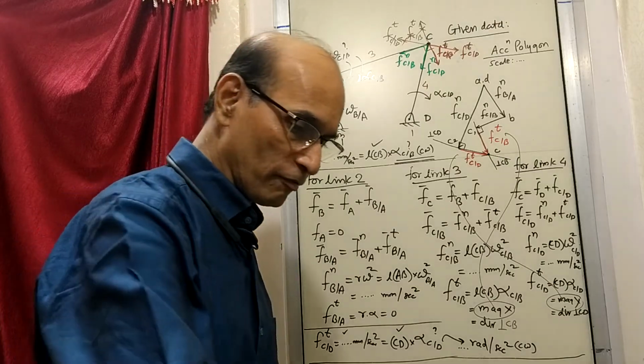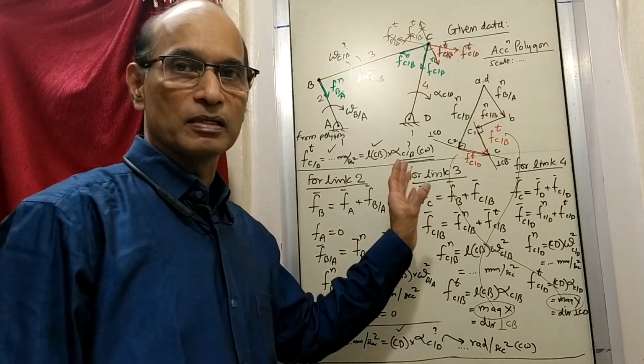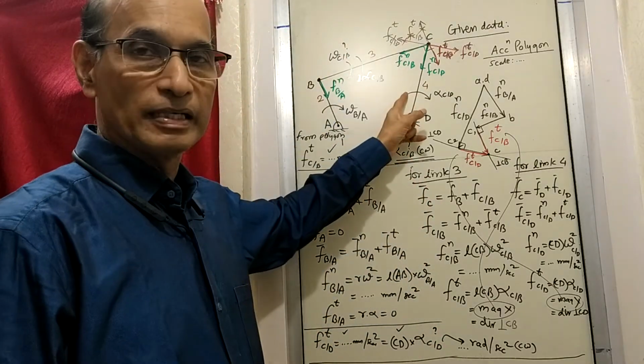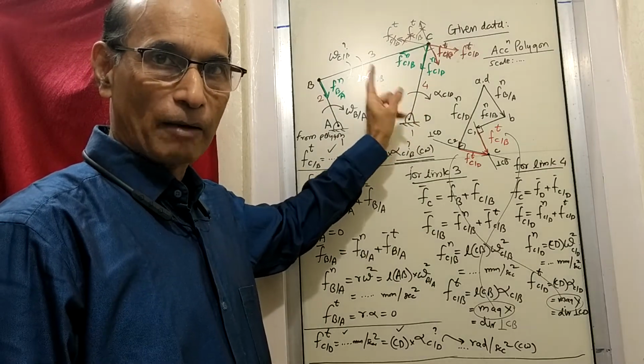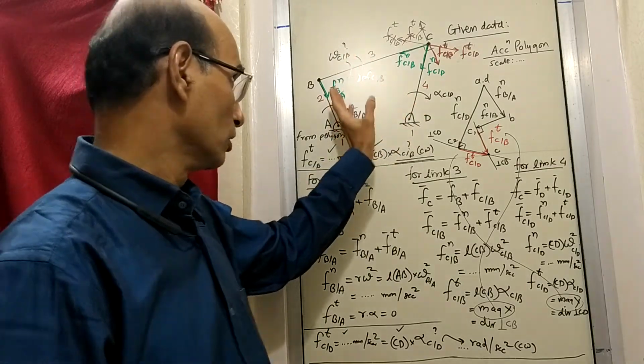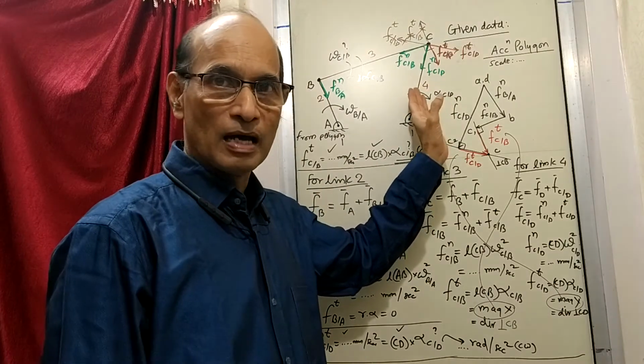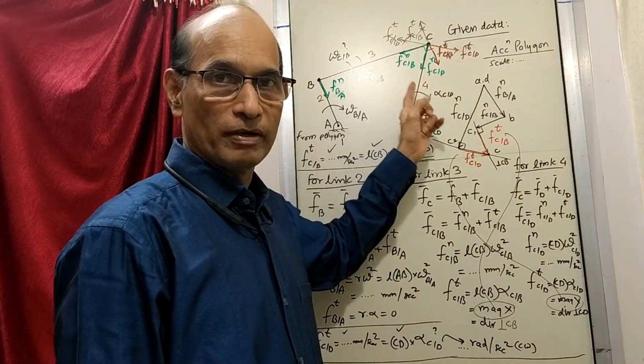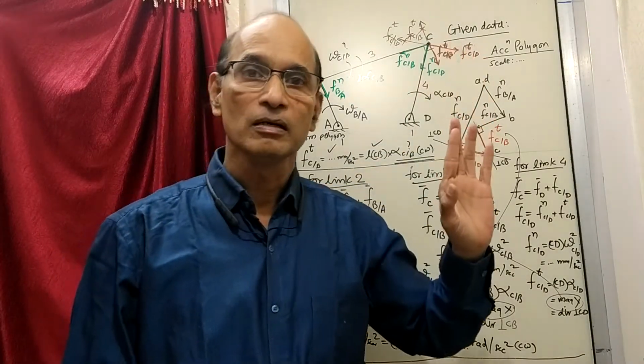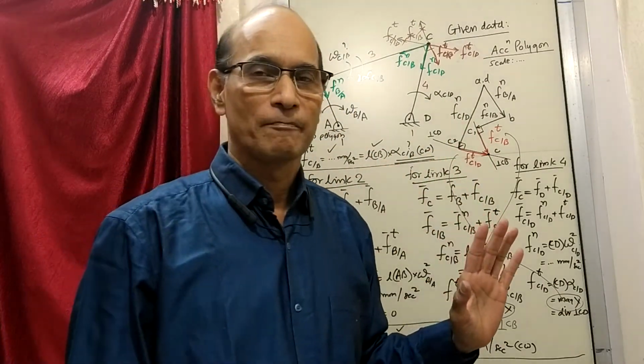So the real problem, when it is given to you, consists of starting with the linkage diagram, drawing the linkage diagram, and after that you are asked first to find out the velocities of various points and the angular velocities of various links, which we had done last time in the velocity polygon analysis.